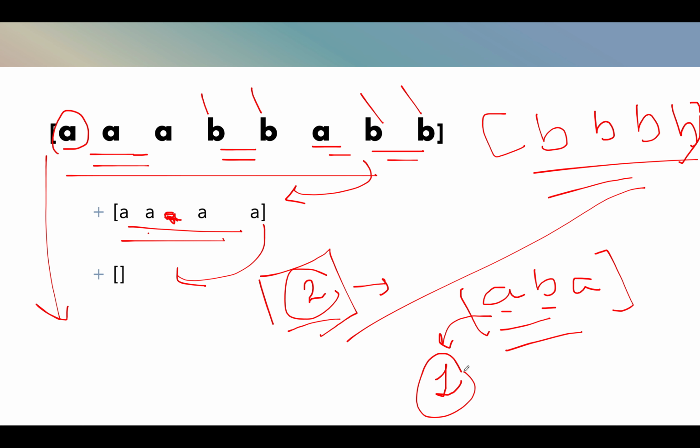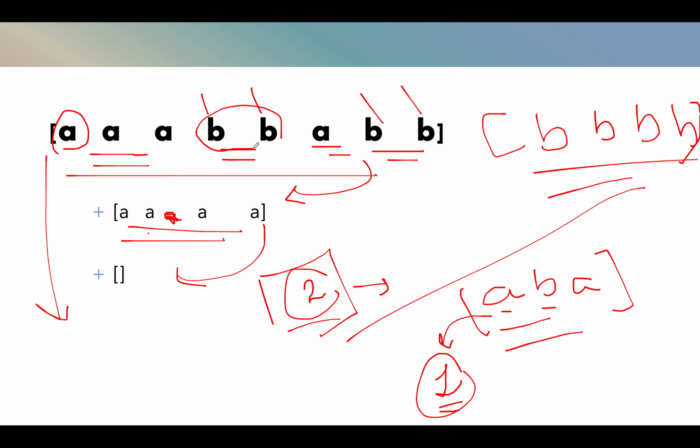If it is palindromic in nature, we can remove all the characters from the string in a single shot. The answer is 1. Otherwise, the answer turns out to be 2, where you can remove first all A's from the string and then followed by B's, or vice versa. Remove all B's from the string and then followed by A's.